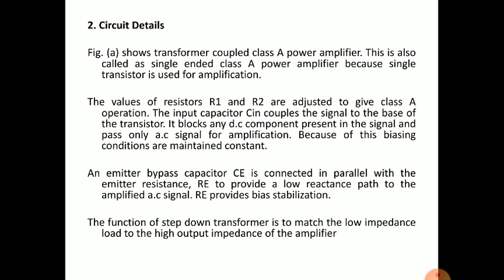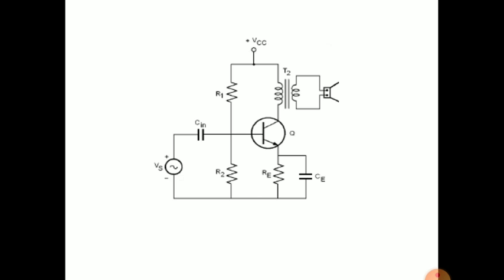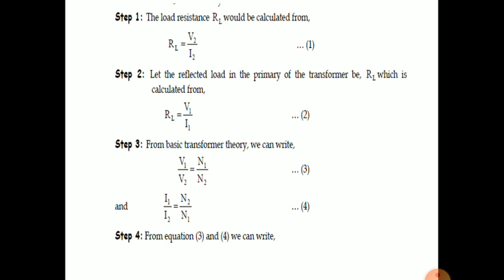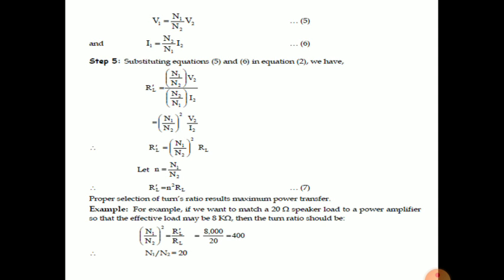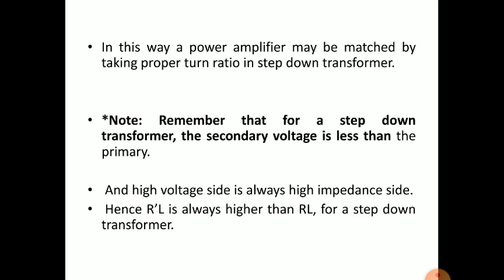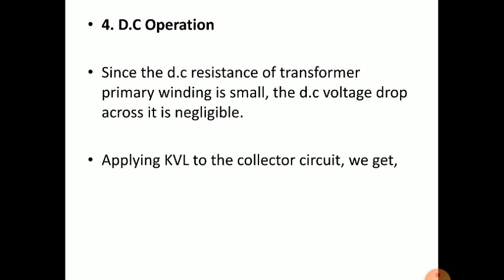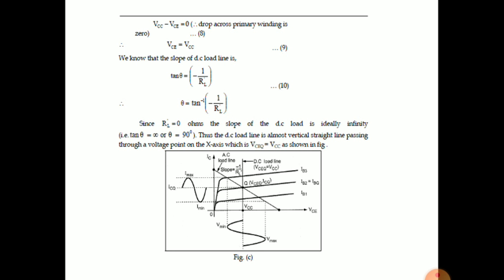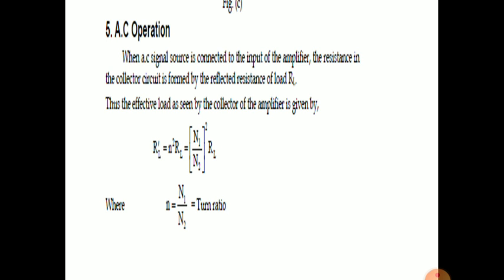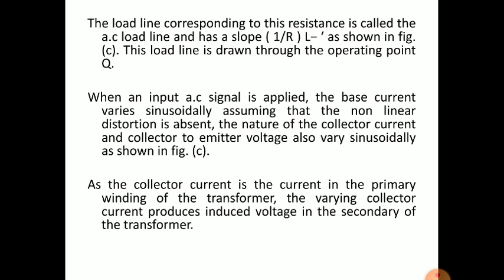When we connect the transformer load to the class A amplifier, the efficiency is increased to 50%. From the derivation of the eta and the concept of impedance matching, the turns ratio is important to be considered here. For DC operation, we have seen the DC load line is a vertical line, and the slope of the AC load line is minus 1 by RL dash, where n is equal to n1 by n2, the turns ratio.